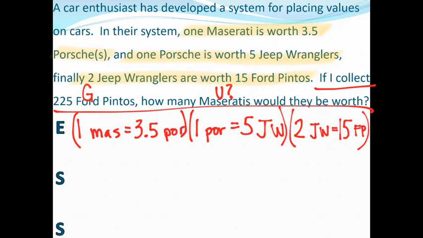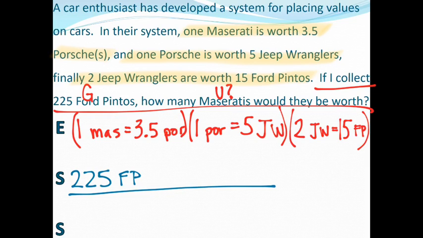Okay, now I'm not going to set the entire process up for you this time. I've given you everything that you need to do this yourself. And I am going to get you started because a lot of people forget how to get started with this process. What you need to remember is we start with our given. So that's 225 Ford Pintos here.